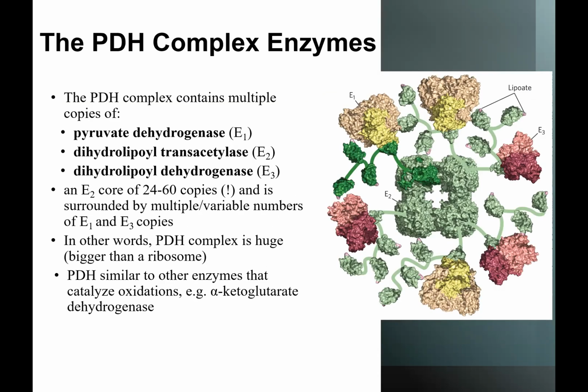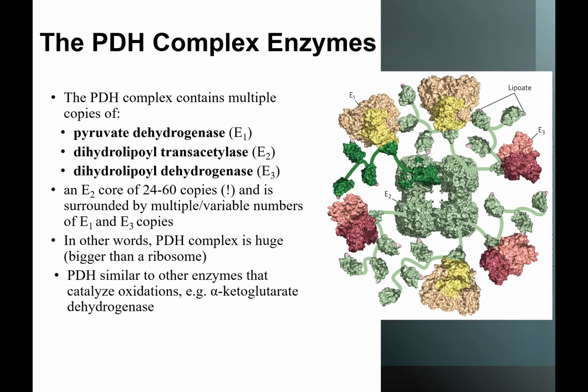It is worth noting the enormous nature of this PDH complex. Not only is it 3 different enzymes, they have many copies. So E2, the transacetylase, has 24 to 60 copies at the center of this enzymatic complex. The E1 and E3 surround all this and themselves have multiple copies. This makes this whole complex larger than a ribosome.